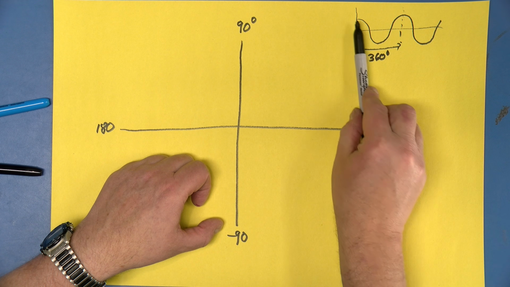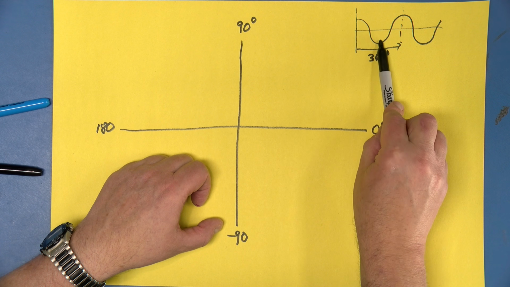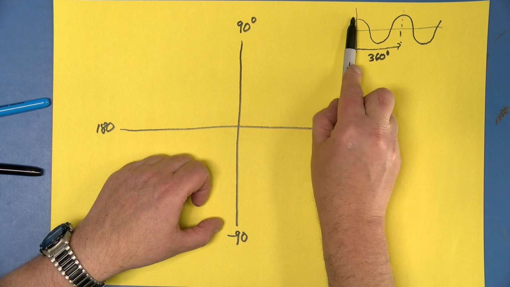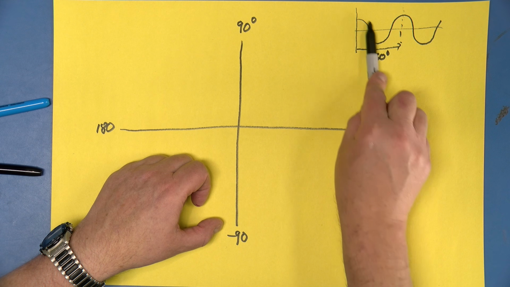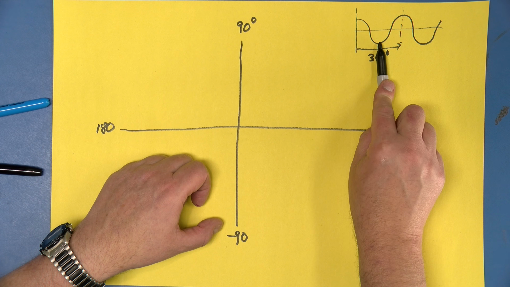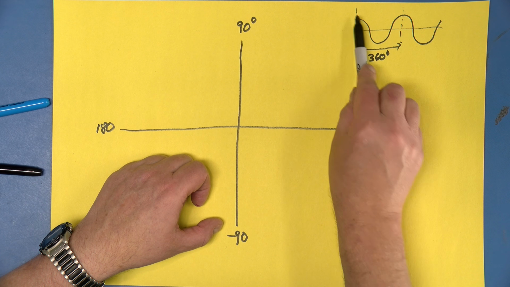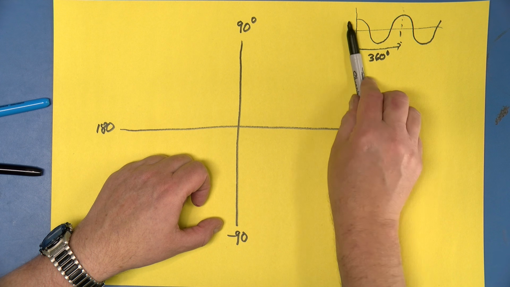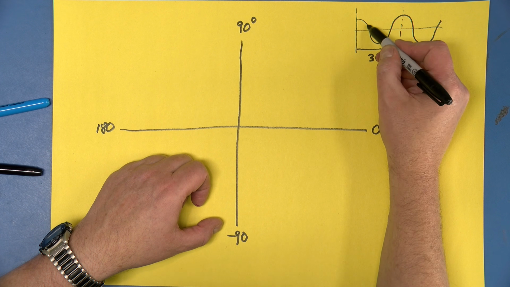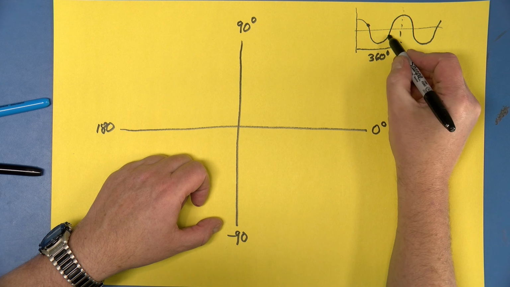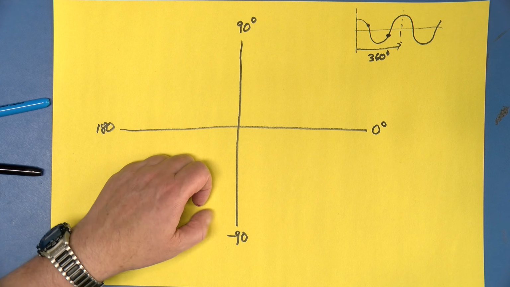And if we go half a cycle from here to here, that's 180 degrees, and when you're half a cycle, you're always 180 degrees out. You're always equal and opposite. So here to here is equal and opposite. If we moved over a bit, here to here is equal and opposite.